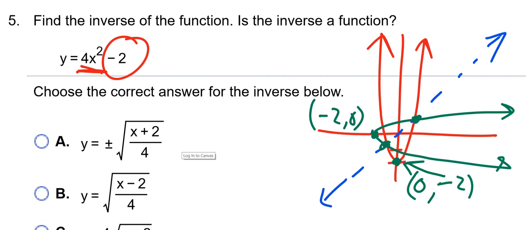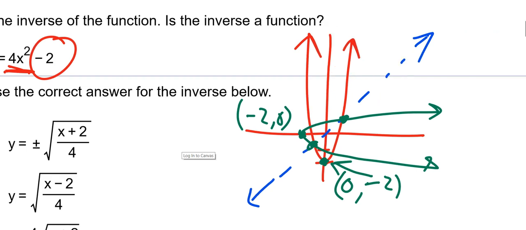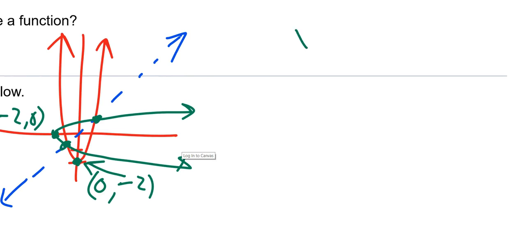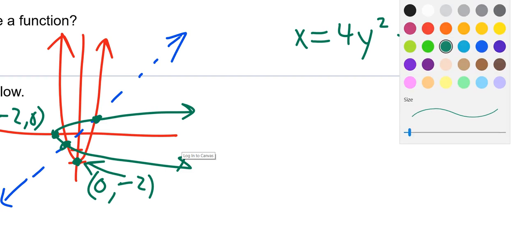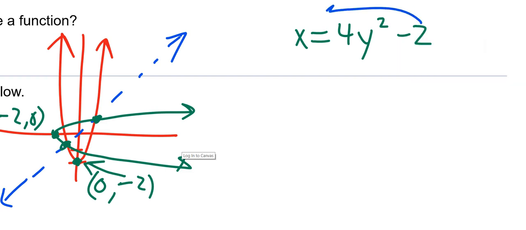Now let's do the algebra. Switch x and y. X equals 4y squared minus 2. All right. What do we do first? Add 2. Divide by 4.